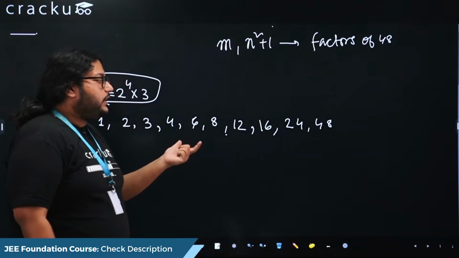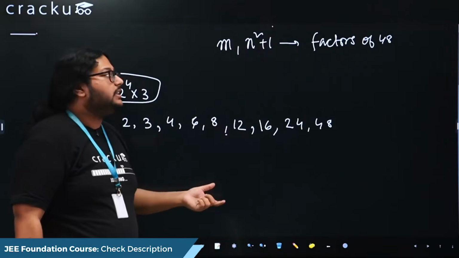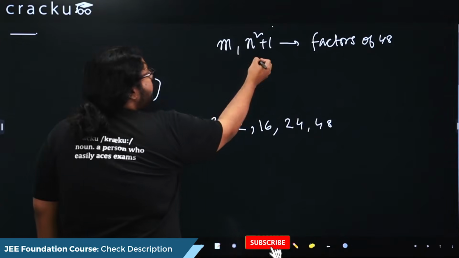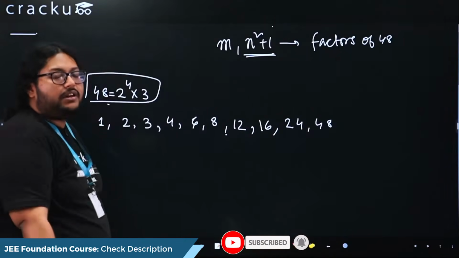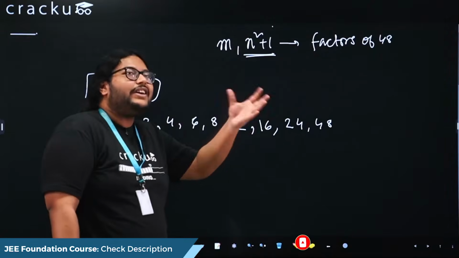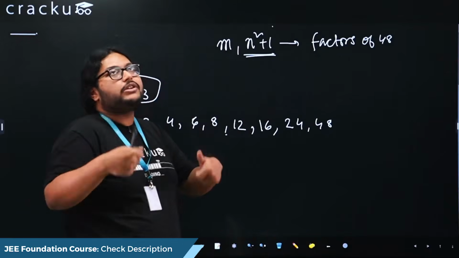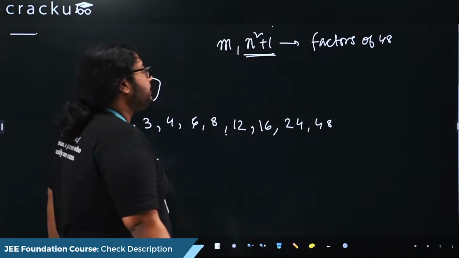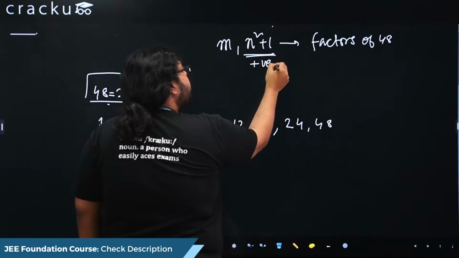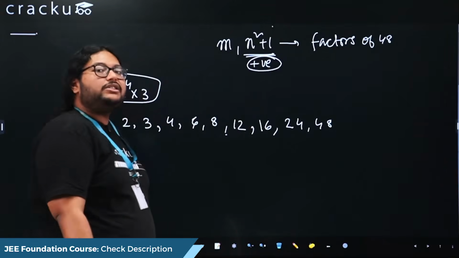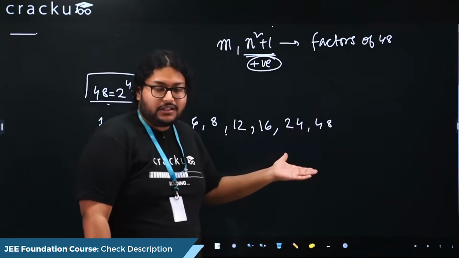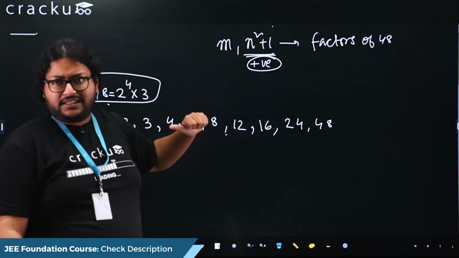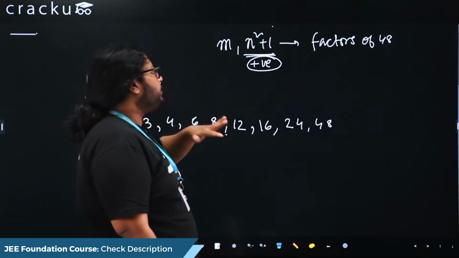The reason why we are only considering the positives here is because I want to evaluate for n square plus 1. And if you look at this number, you will realize that for any value of n, no matter whether n is positive or negative, n square plus 1 is always going to be positive. If this number is always positive, then what is the point of writing the negative factors? Because we will not equate it to a negative.